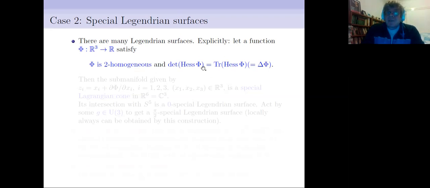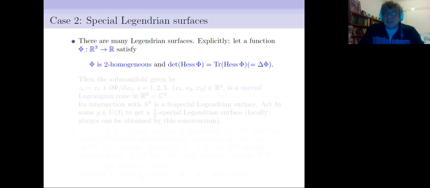Secondly, if you write down the Hessian 3 by 3 matrix of the second derivatives of your function, then the determinant of that matrix equals the trace of the matrix. A beautiful property: two symmetric functions of your matrix are the same. Of course, the trace of the Hessian is the Laplacian.